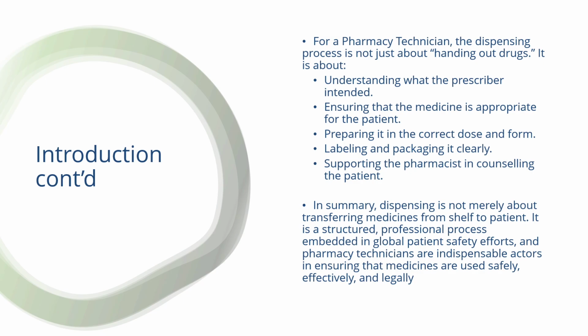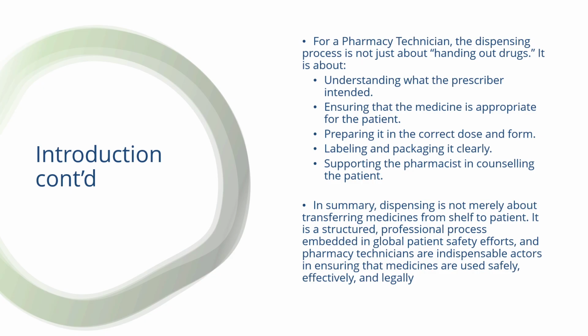So I had mentioned that the dispensing process is not just about handing out drugs. Number one, you have to understand what the prescriber intended, meaning that once you get a prescription from a doctor, a physician, a surgeon, or anyone, you have to be able to look at the prescription paper and say, by the combination of these drugs, this is what the doctor wants.